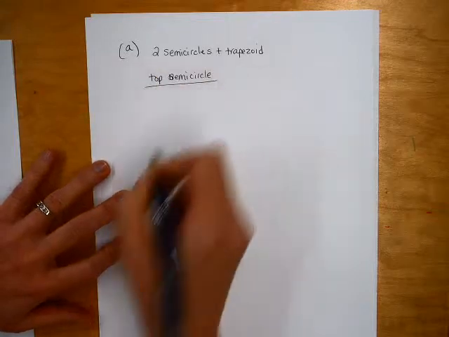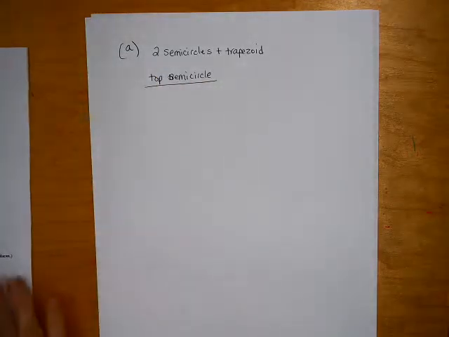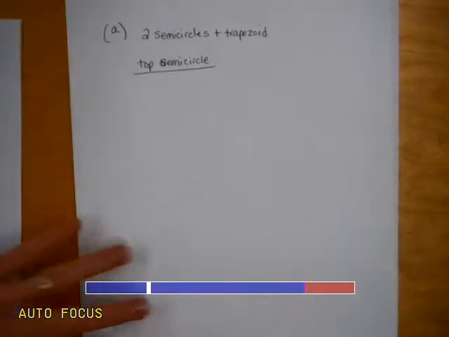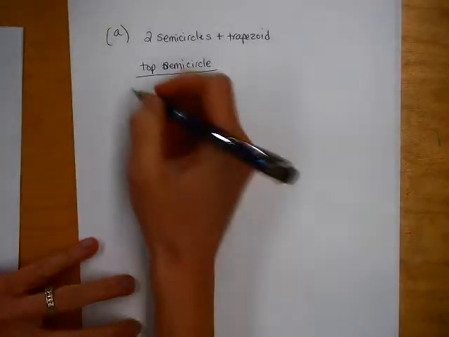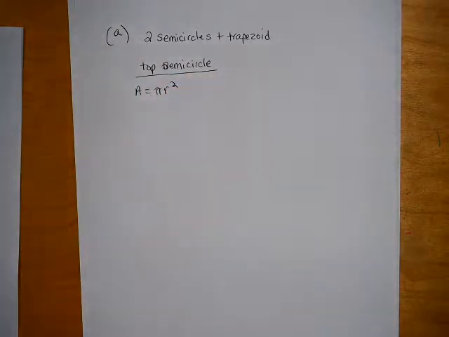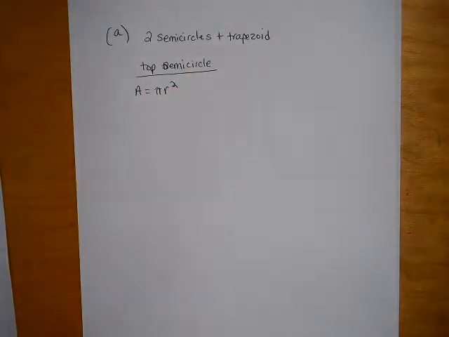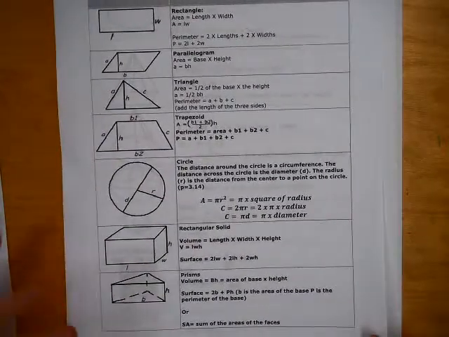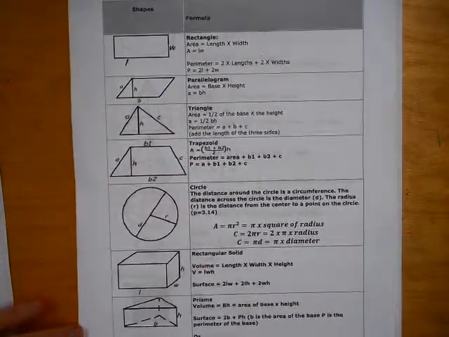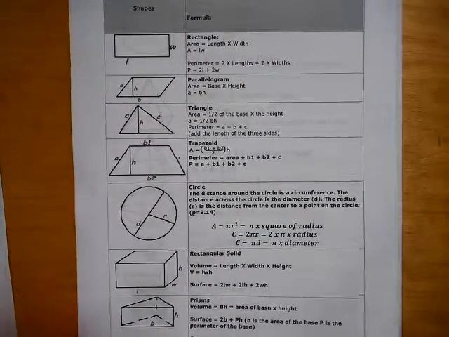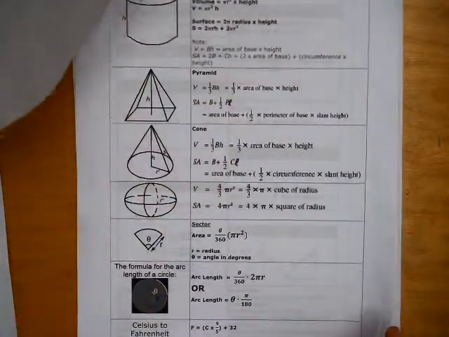We're finding the area, and I know that the area of a full circle would be area equals pi times radius squared. Now, I have provided in Canvas, and I believe I emailed you, an updated formula sheet with more specific formulas.